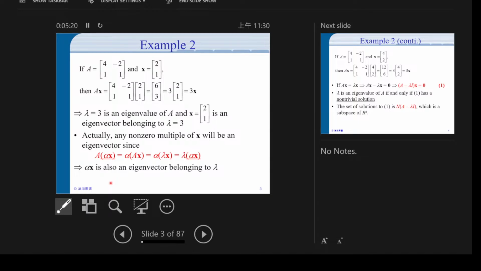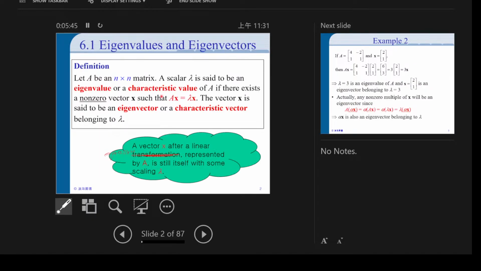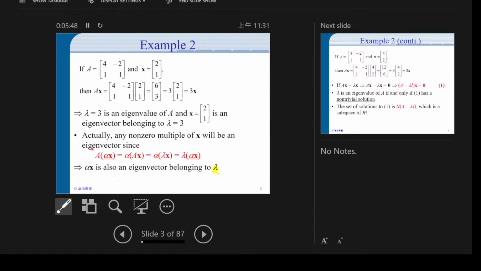So alpha times x with any non-zero alpha is also an eigenvector with the same lambda. From now on, we will think of alpha x as the same eigenvector as x, because it has the same property, corresponding to the same eigenvalue. When talking about eigenvectors, we only care about the direction, and multiplying by some alpha doesn't change the property of the eigenvector.